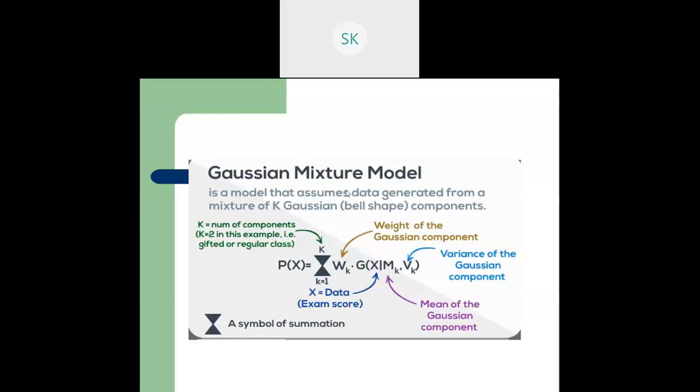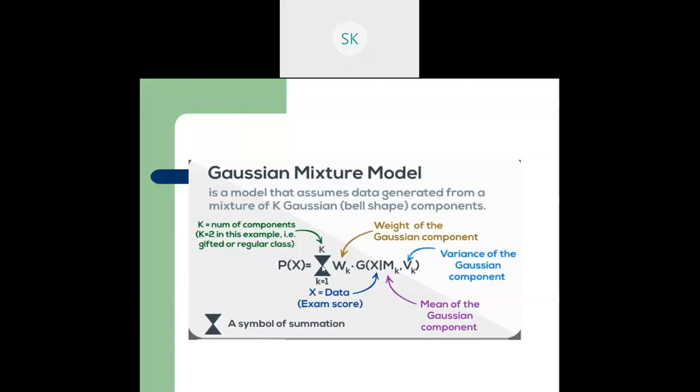It is a model that assumes data is generated from a mixture of k Gaussian bell shaped components. The bell shape is the wave we have seen in the normal distribution, a bell shaped curve.